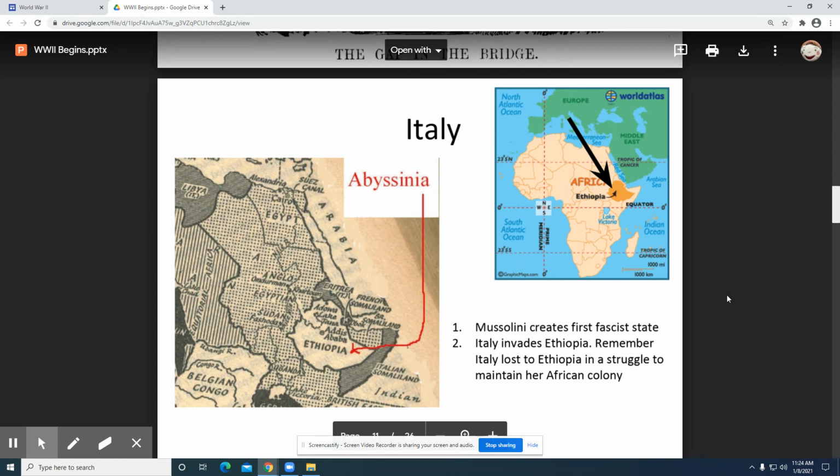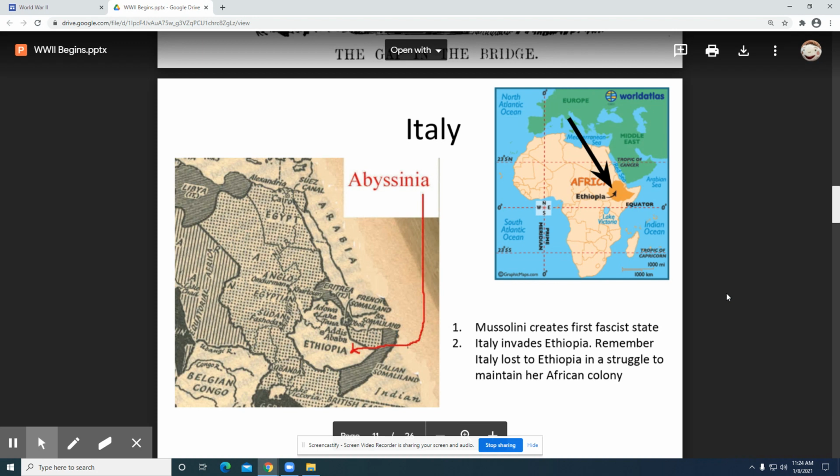What we want to take note of here for Italy, though, is that, I don't know if you recall the Berlin Conference when the European powers had carved up Africa, but during that political power grab, Italy had fought a war with Ethiopia. Italy had lost that particular conflict, and that loss in Ethiopia, where the Africans for the first time had fought against a European occupier, is a stain on the Italian military, on their prestige, and this seems to be a pretty big deal.